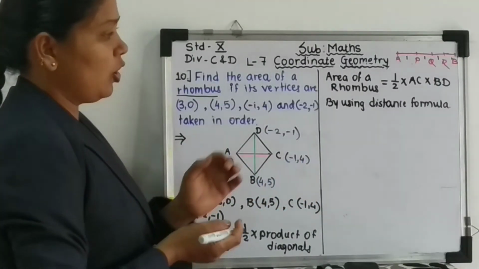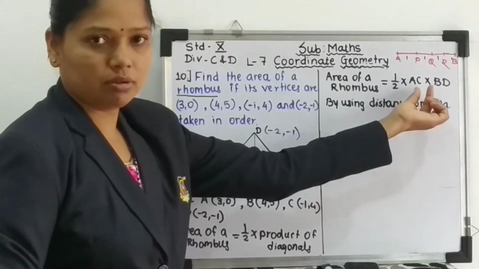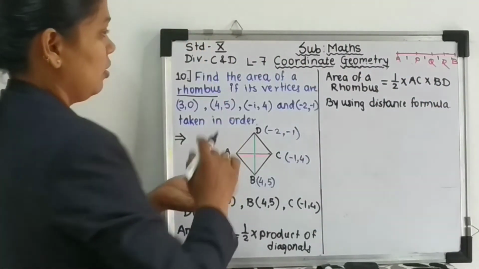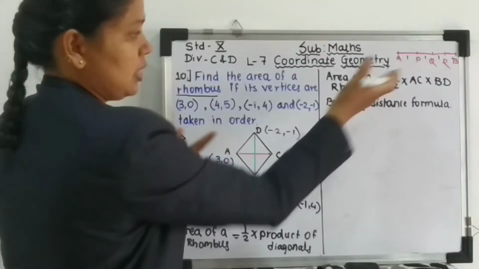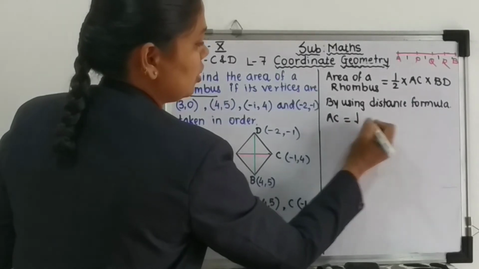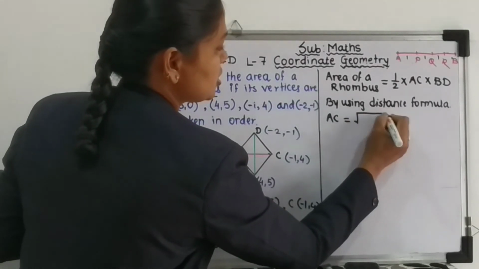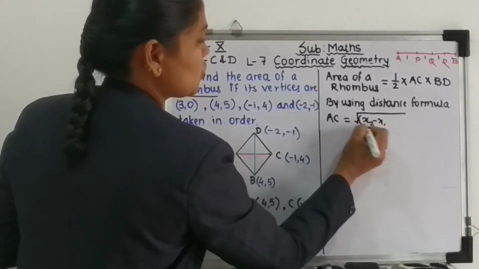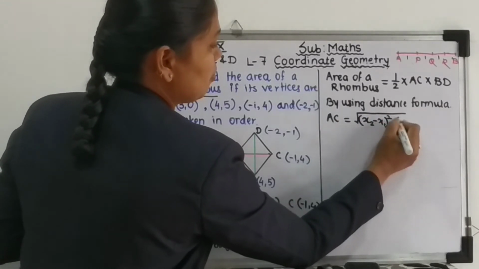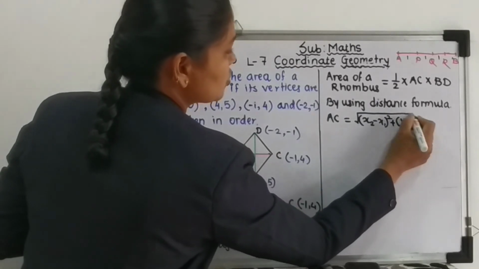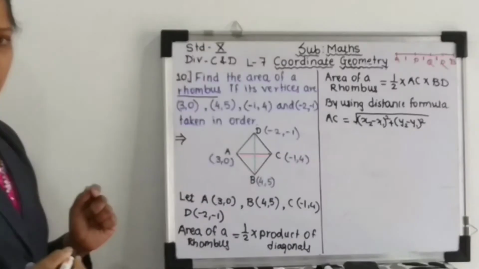Or if you are able to directly put the distance formula for both, then also you can solve, but I suggest that you solve it separately. So AC is equal to under root, what is the distance formula? x2 minus x1 bracket square plus y2 minus y1 bracket square. This is the distance formula, no?